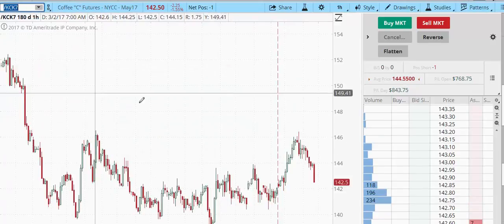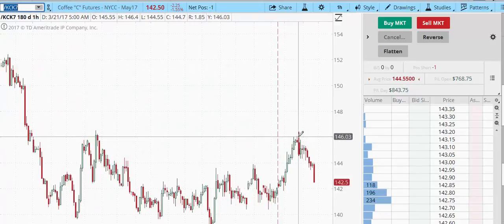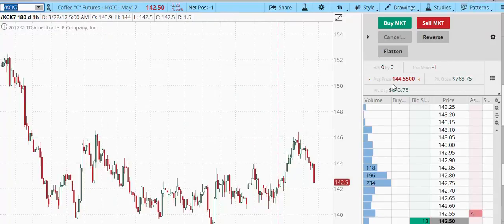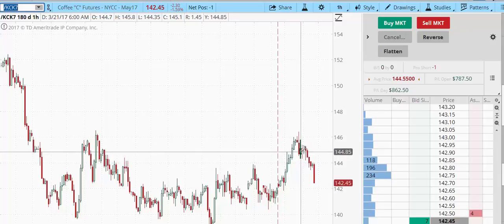Here's coffee. This we wound up going short yesterday. See, it says -1, and we sold it at 144.55, and that would be right about over here. And coffee is another one that when it starts moving, it really goes, and the dollars start changing big time.